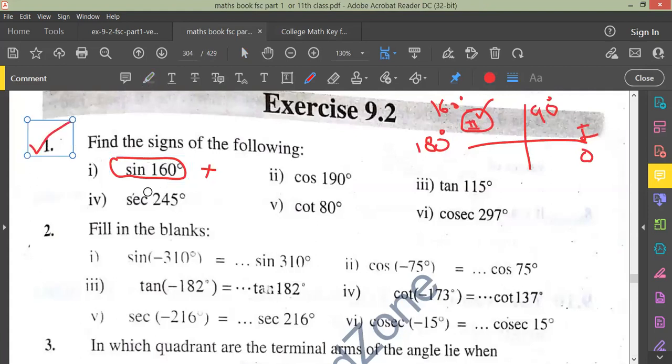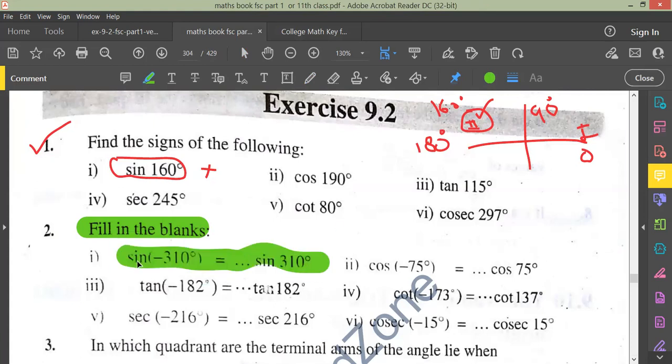Now look at our second question, fill in the blanks. Sine of minus 310. The same formula which we applied in the first question we will apply here. Sine of minus 310 will be minus.